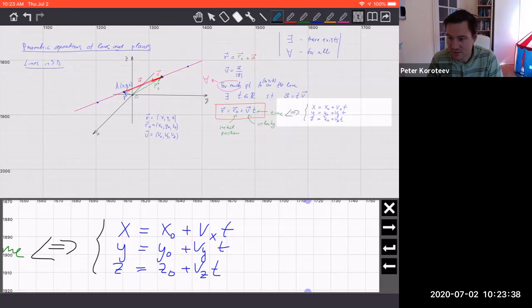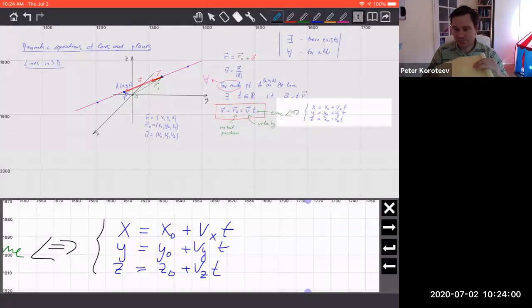Okay, so Julian is saying because lines can span 3 dimensions. Well, planes also can span 3 dimensions, right? The plane is 2-dimensional, so we need to count dimensions carefully. Let's try to understand it. What do you need to know to describe a plane?